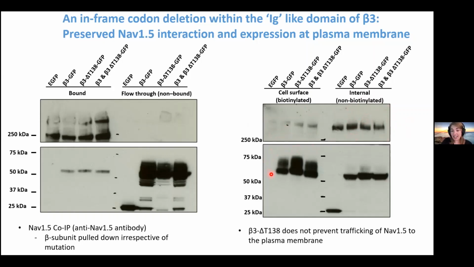And here you can see that the beta-3 full length with the loss of the T138 or the co-mixture all get to the surface absolutely fine, as does NaV1.5. So this tells us that the loss of the threonine at position 138 in the extracellular region is not perturbing the trafficking of NaV1.5 to the surface, and therefore not accounting for any reduction in peak current that could contribute to the Brugada phenotype.